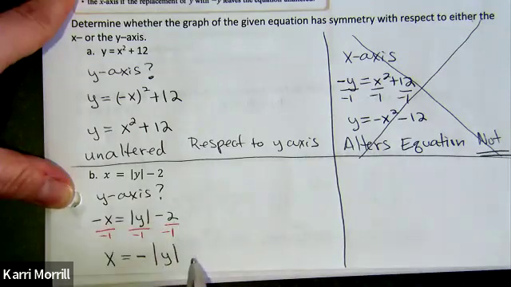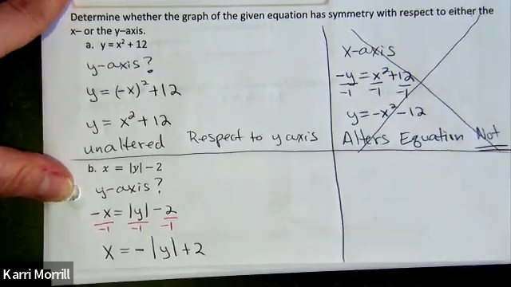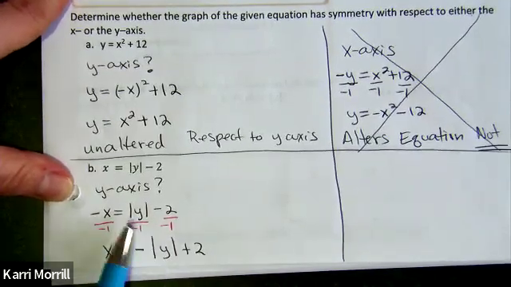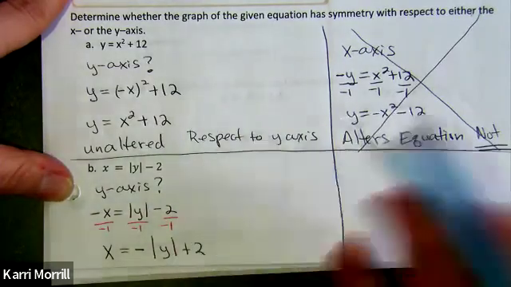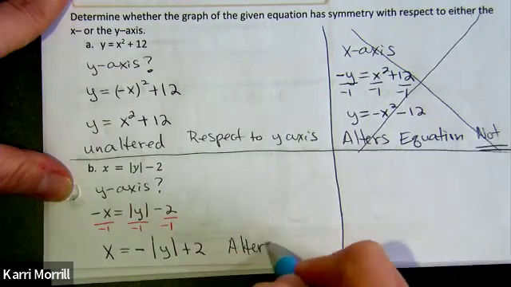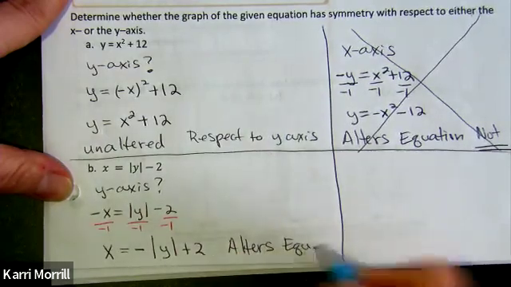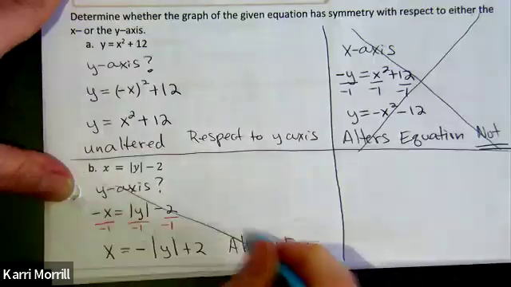A negative divided by negative makes that a positive 2. So it changed everything, really, right? Even if you simplified the absolute value part, the constant is different. Okay, so this one alters the equation, so it cannot be symmetric in respect to the y-axis.